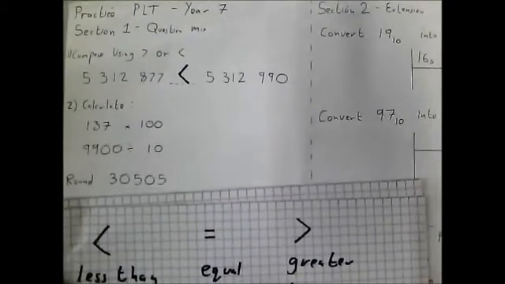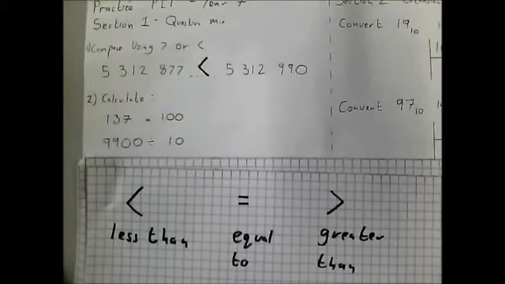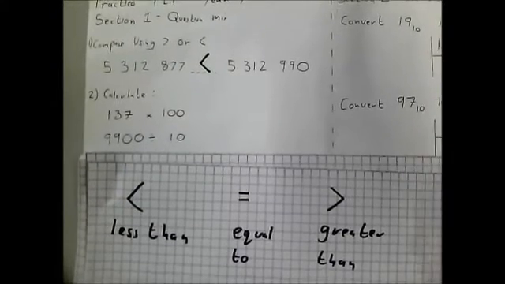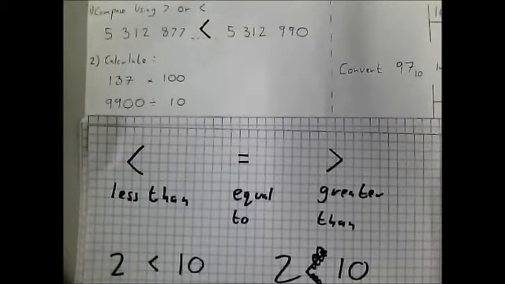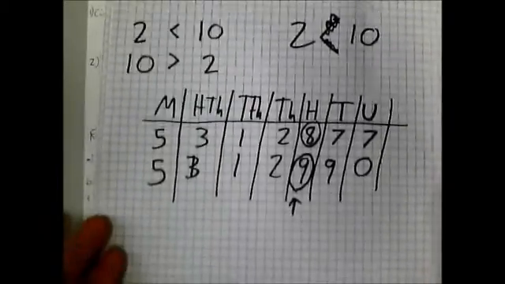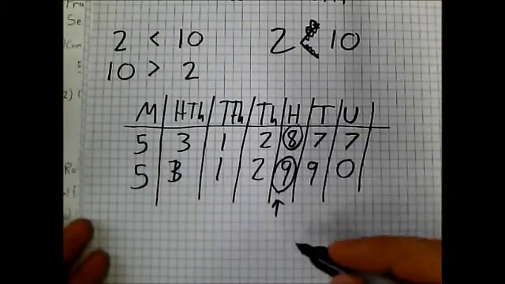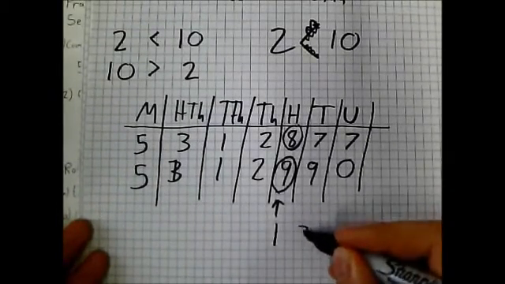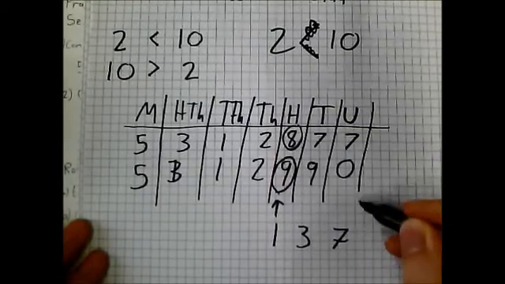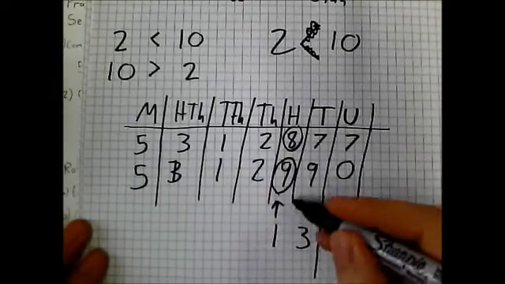Okay, next question. We have 137 multiplied by 100. So for this, I'm going to use my grid here. I'm going to write in the number 137 into my place value table.